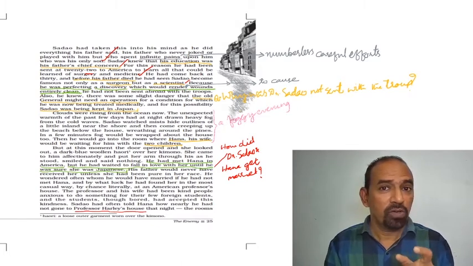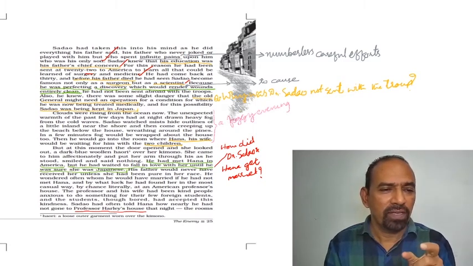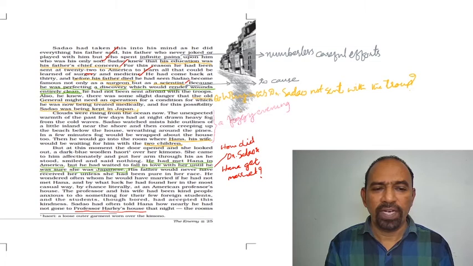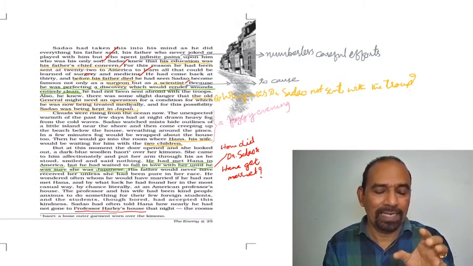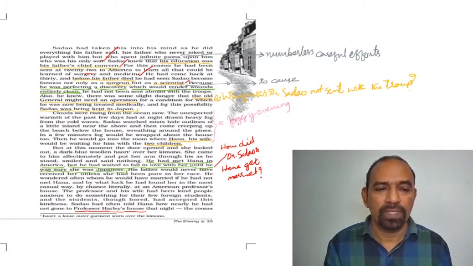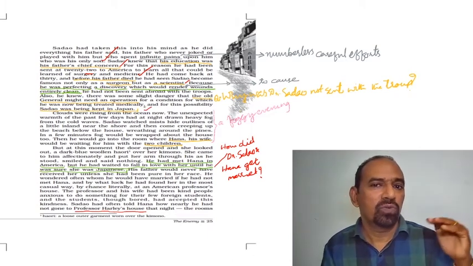The old general in charge of his territory was in need of an operation for a condition for which he was now being treated medically. Now he was taking medical treatment. At any time, the old general might need an operation. And for this possibility, Sadao was being kept in Japan. Because of this reason, Sadao was not sent to the troops.